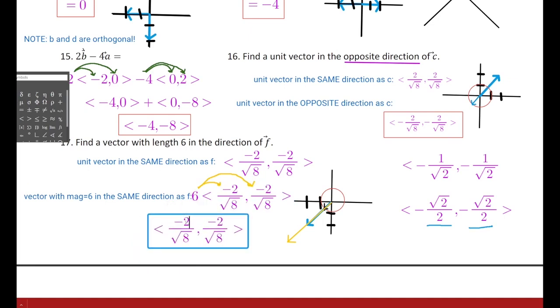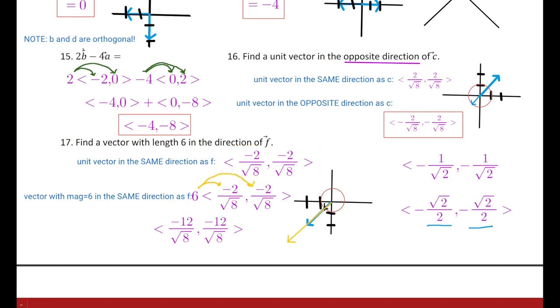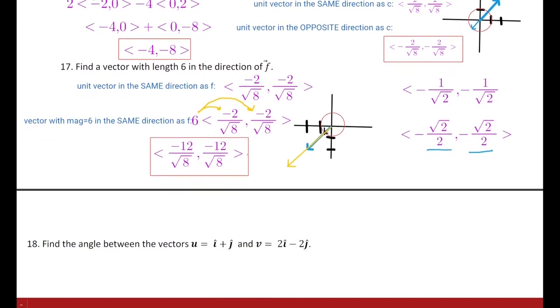And so our final answer here would be negative 12 over root 8, comma negative 12 over root 8. And you could rationalize and simplify, but again, it's not really going to be necessary. Okay, well, there's number 17, and that's the end of the second page. So let's move on to the third page.